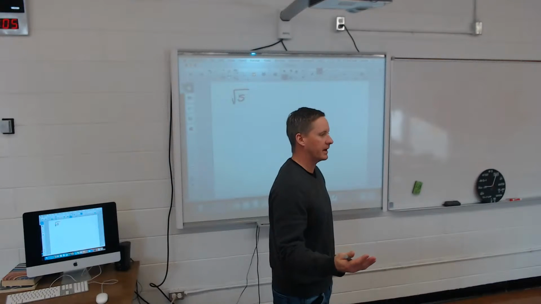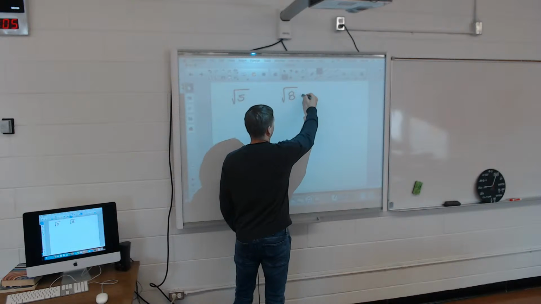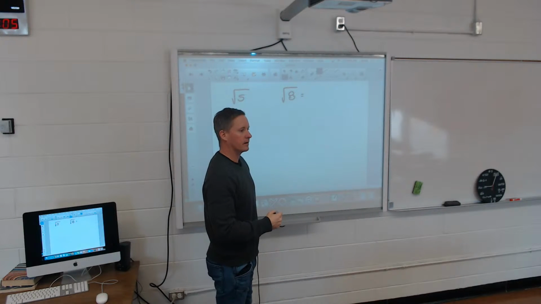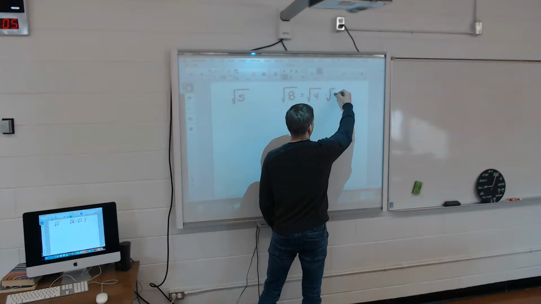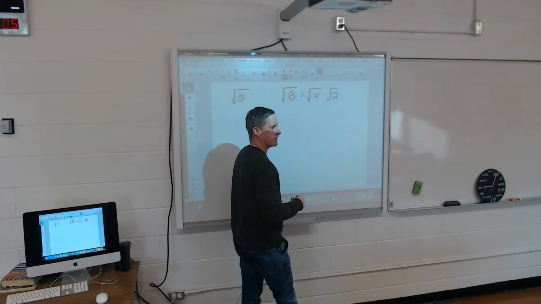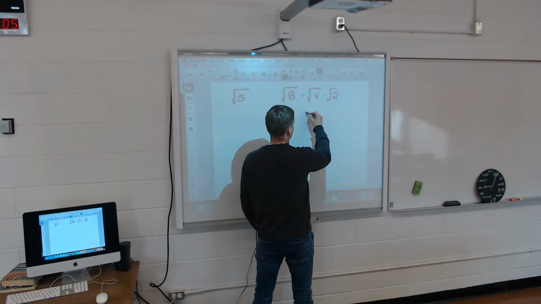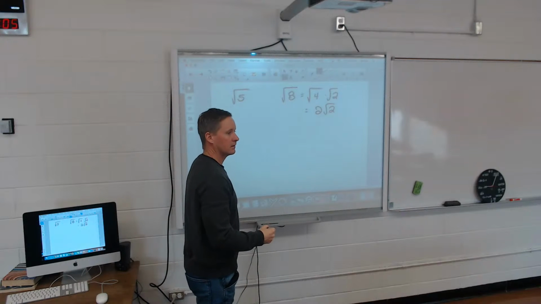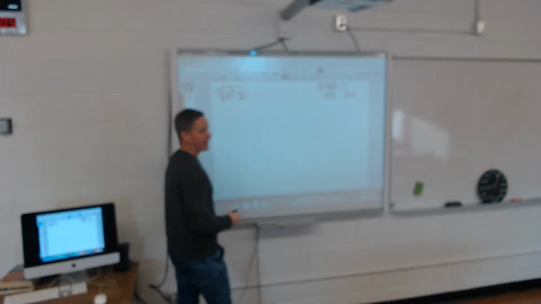It stays as root 5. The square root of 8, on the other hand, I can find a perfect square that goes into it. So I can change this to root 4 times root 2. Now, root 2 can't be broken down anymore, but the square root of 4 can. So that's 2 root 2.